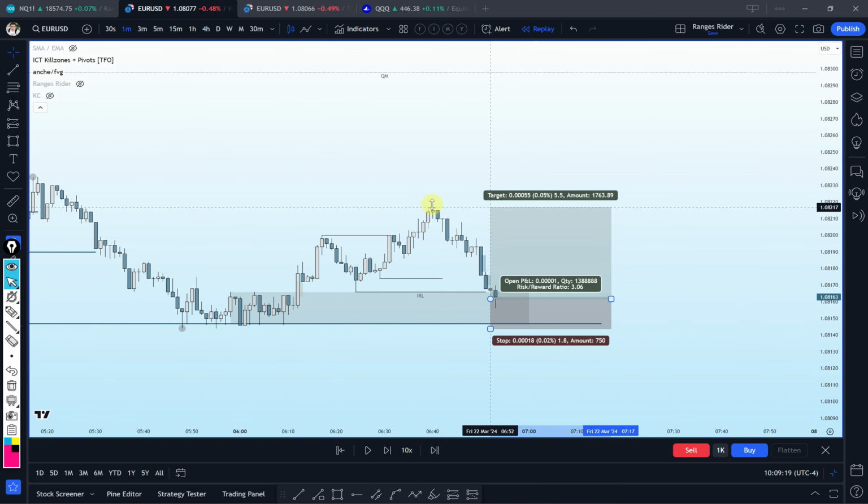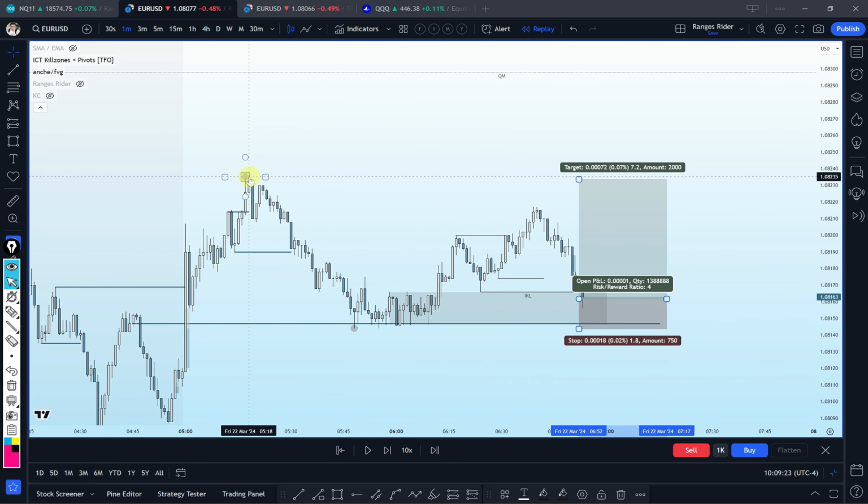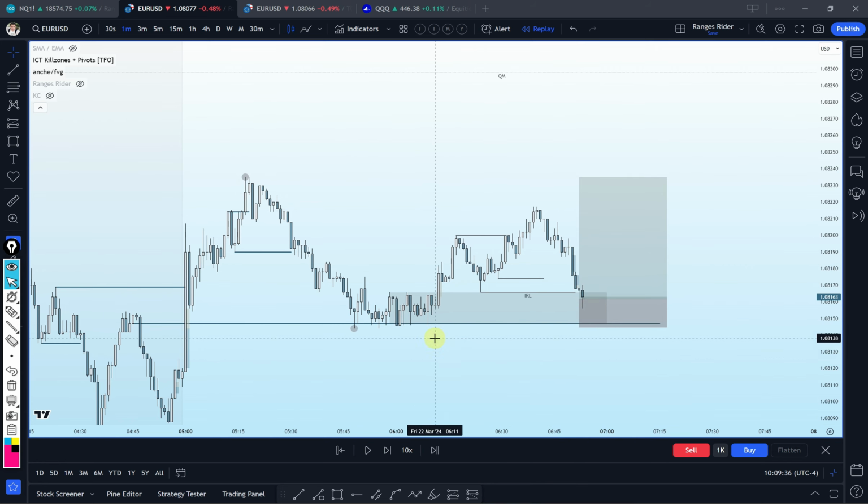and now our target is 3, at least 4, something here. This is 4R, right? Something like this.